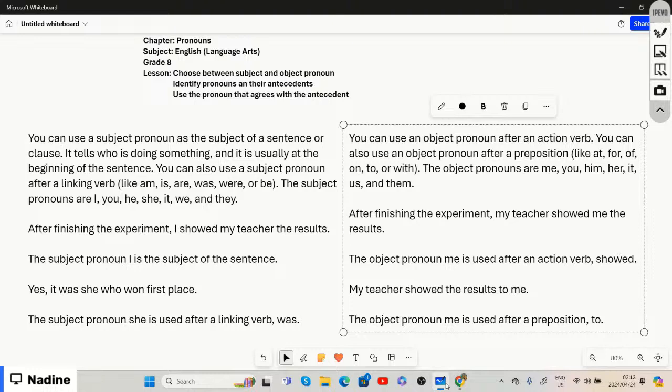So we said we have a subject pronoun, which refers to somebody who is doing something, and it's usually at the beginning of a sentence.